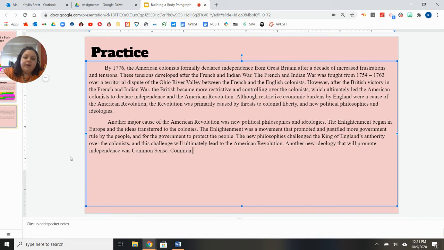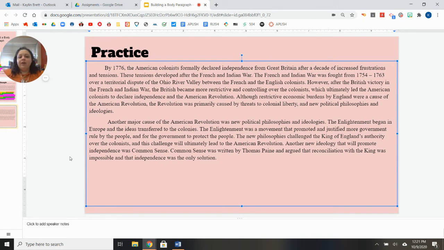So we can simply say Common Sense was written by Thomas Paine and argued that reconciliation with the king was impossible. We can even say, and that independence was the only solution, right? So we're giving a good definition about what Common Sense said.